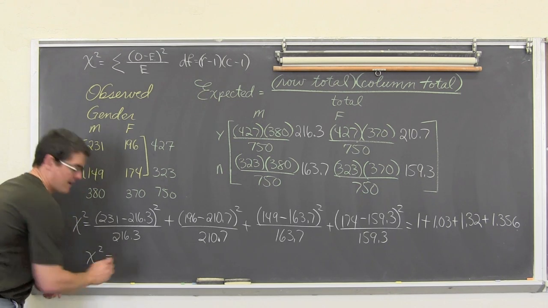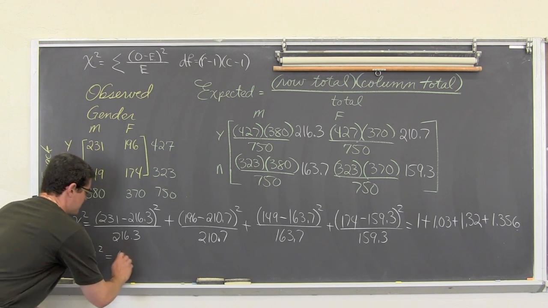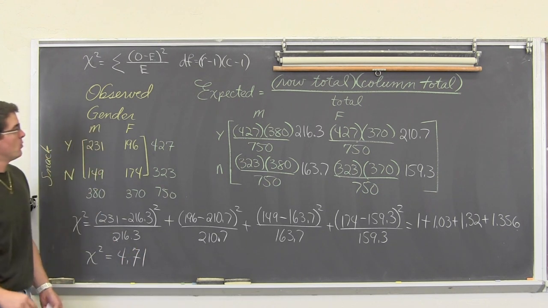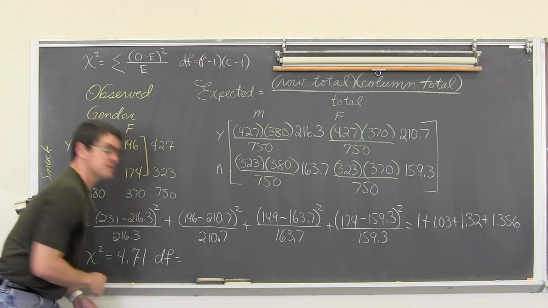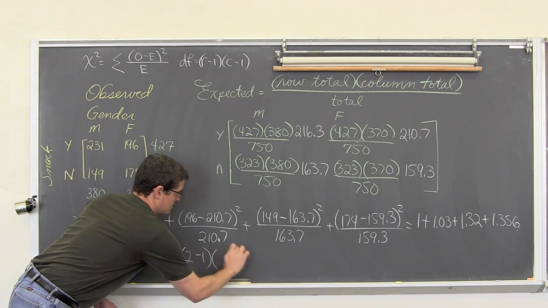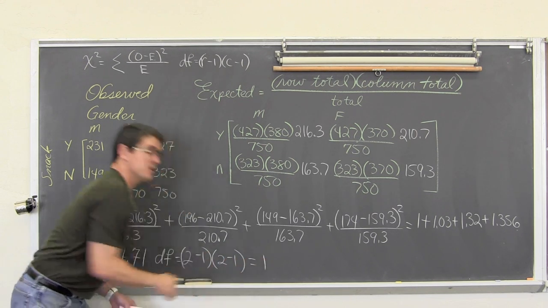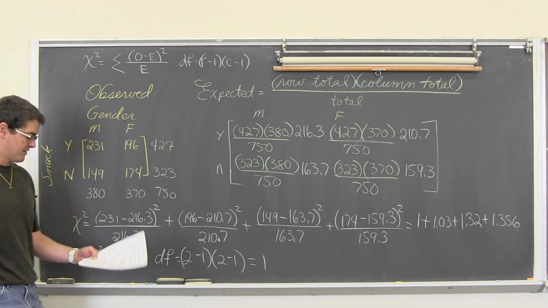So our chi-square value comes out to be, drum roll please, 4.71, which, with a degree of freedom, which is rows minus 1, so 2 minus 1, times columns minus 1, or a degree of freedom of 1, we get a chi-square value, we already have that.